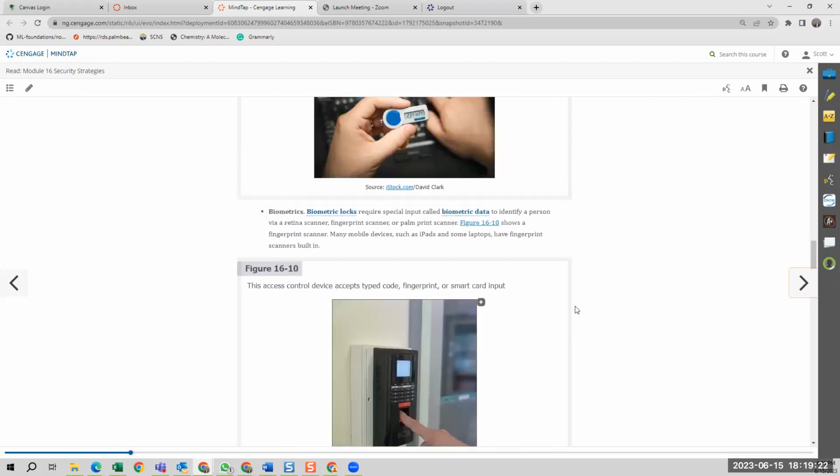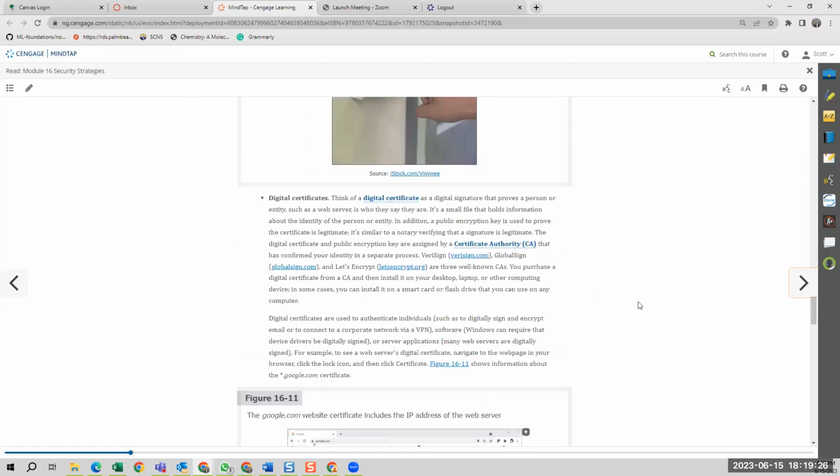So we've got biometrics, we mentioned that before. There's digital certificates that are almost like a passcode for you to access the resource.